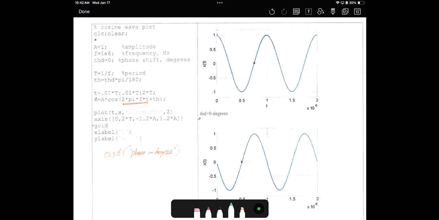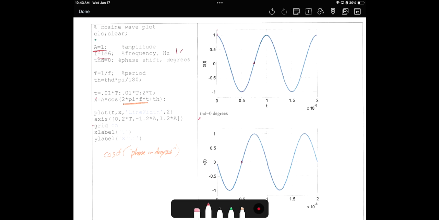Here we define the amplitude as A, then we define the frequency, for example 1e6. Sometimes instead of saying 1 times 10 to the power 6, as a shortcut we say 1e6. In MATLAB, the e here does not mean exponential. If we need the exponential, we will use exp.